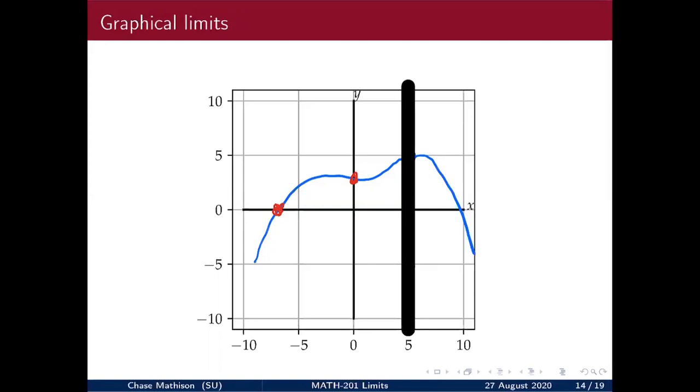So now looking at this, with this solid black line covering up what's actually happening at 5, what would you say the limit as x approaches 5 of f of x is? This is f of x, by the way.